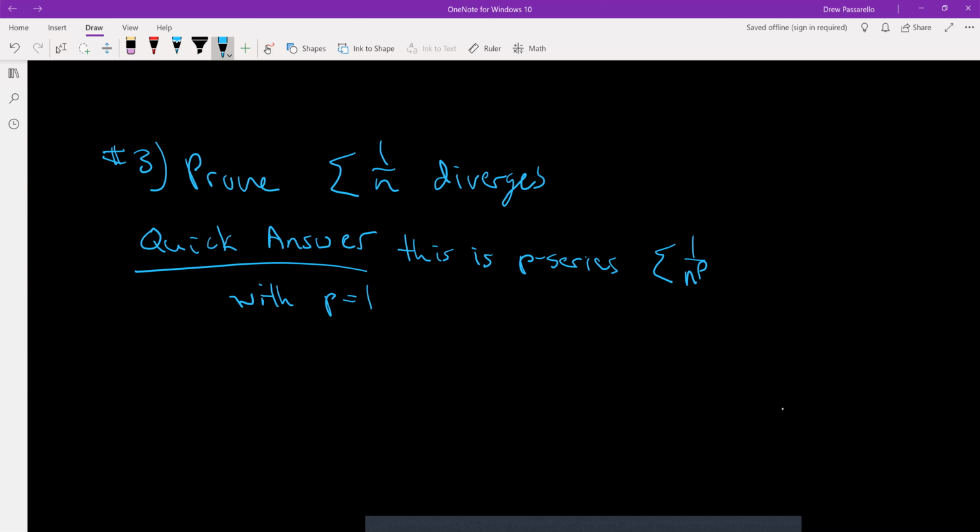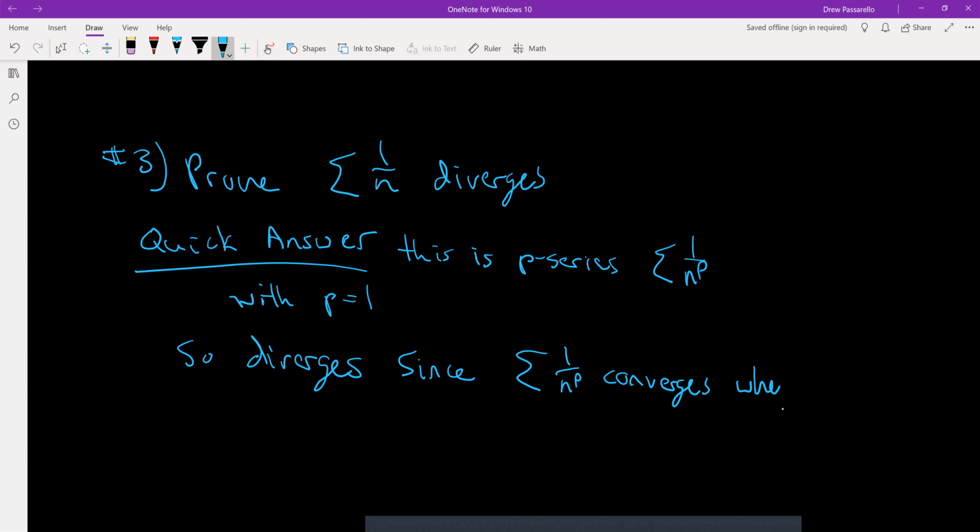So we know it's going to diverge, since the P series converges when P is greater than 1. All right, and that's the quick answer.